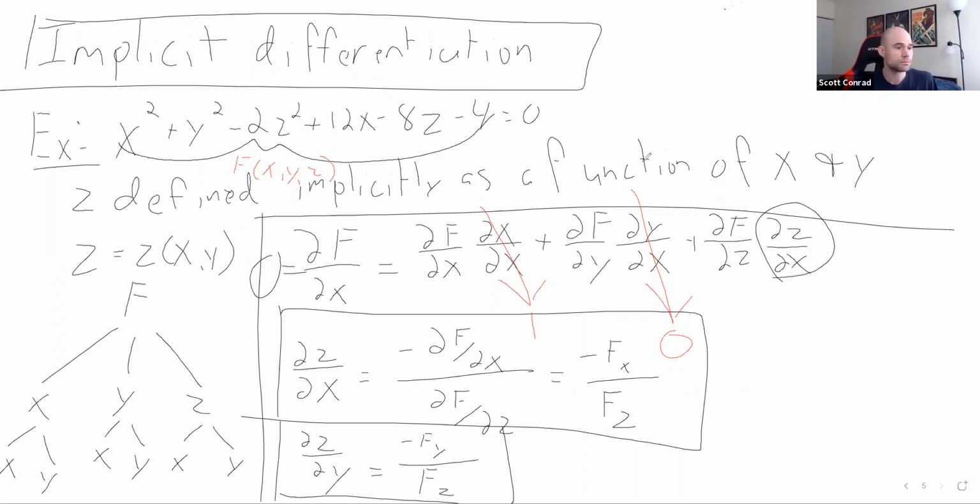So let's do an example. Let's use the example we just had. So x squared plus y squared minus 2z squared plus 12x minus 8z minus 4 equals 0.